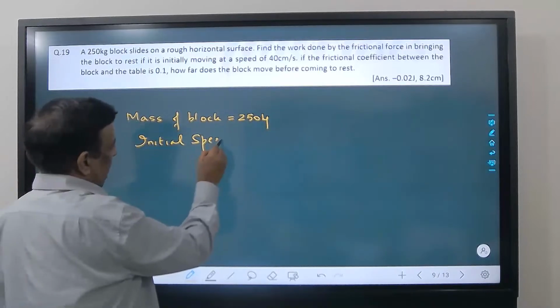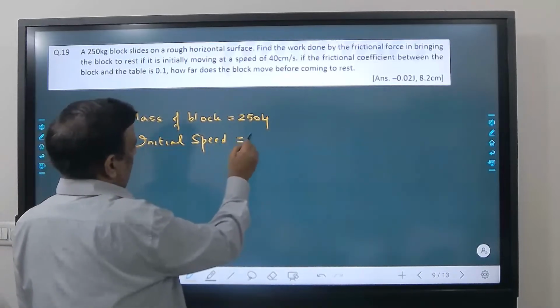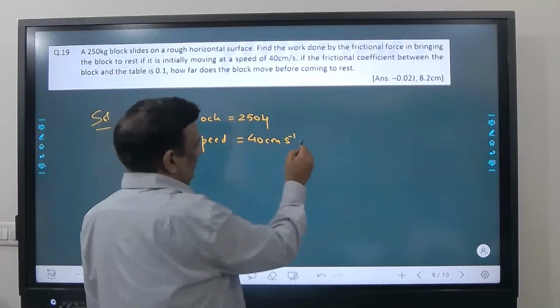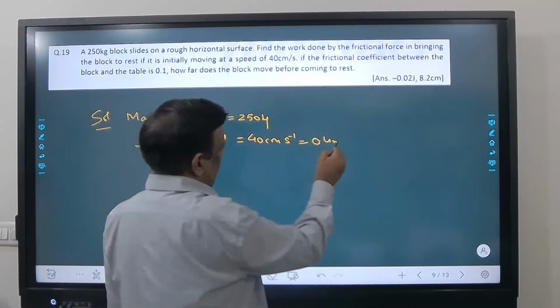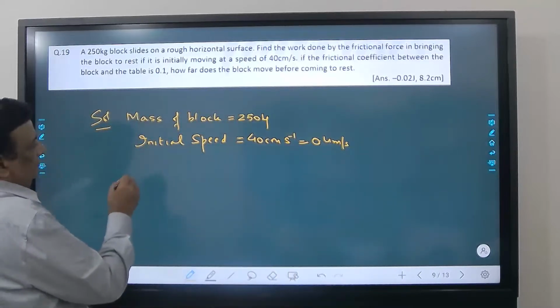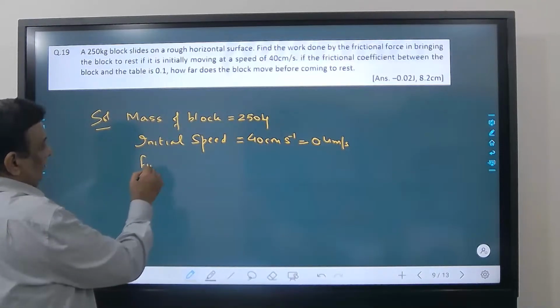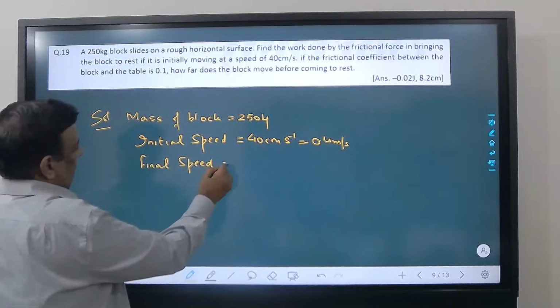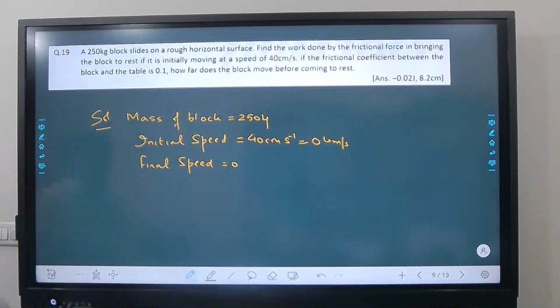Initial speed is that means 0.4 meter per second. Comes to rest. That means final speed is 0.